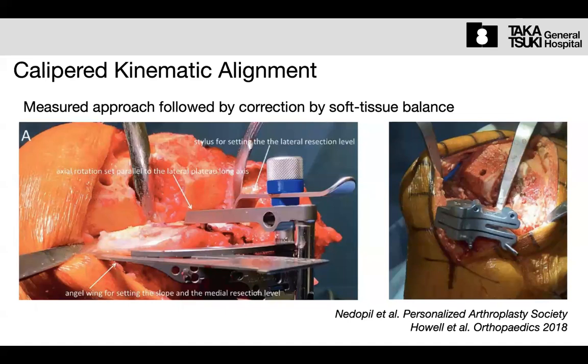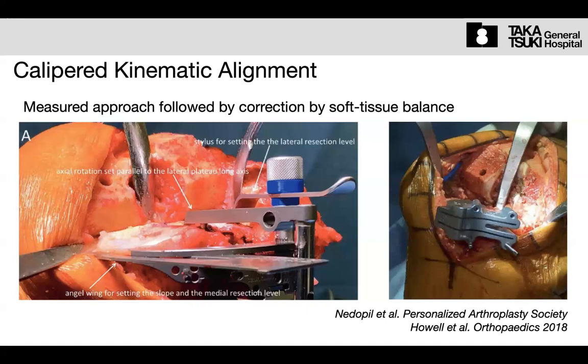So in caliper kinematic alignment, we cut first, then evaluate the gap balancing. A minor gap imbalance can be accepted, but sometimes it is too big. The difference between the medial side and lateral side is sometimes very big. So in this case, we cut the tibia slope more varus to recut and adjust, then evaluate the gap again. So this is the difference from the gap balancing technique.